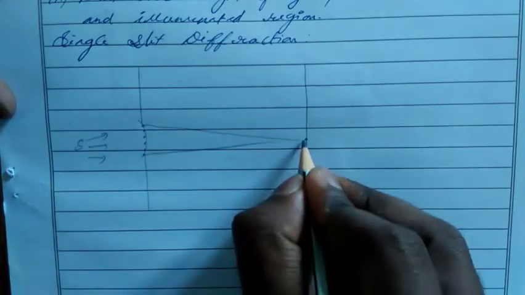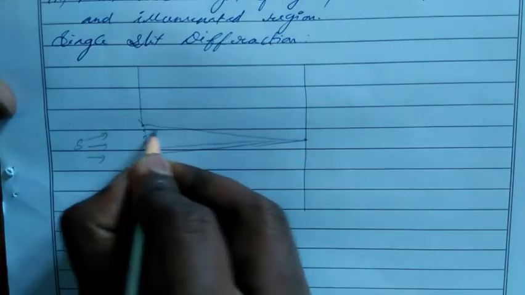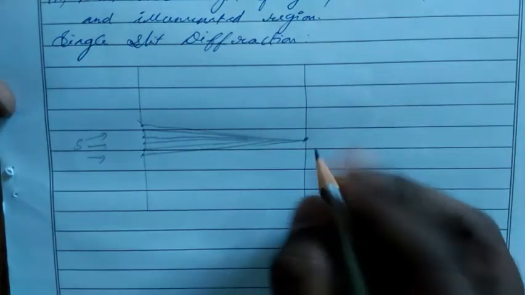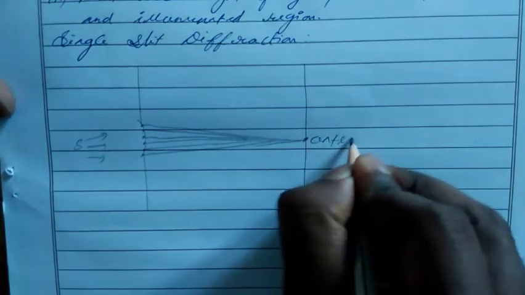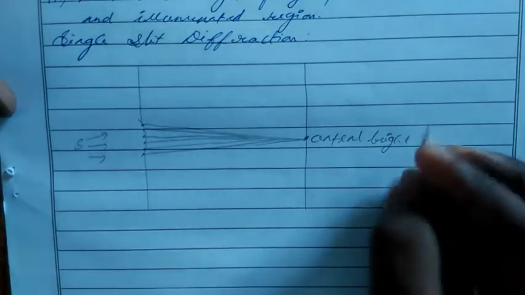That is also known as the central bright fringe. So this point will be known as the central bright fringe.